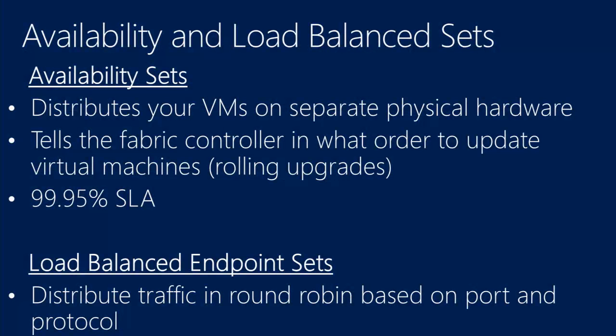Say it doesn't go down, it just starts to return a 500 error, a misconfiguration on one of the VMs. You certainly don't want that virtual machine in the load balancer. You can actually tell Windows Azure to point to a specific URL to detect the health of your application, and if it returns anything other than a 200, hey, I'm good, then it's going to yank it out of the load balancer.